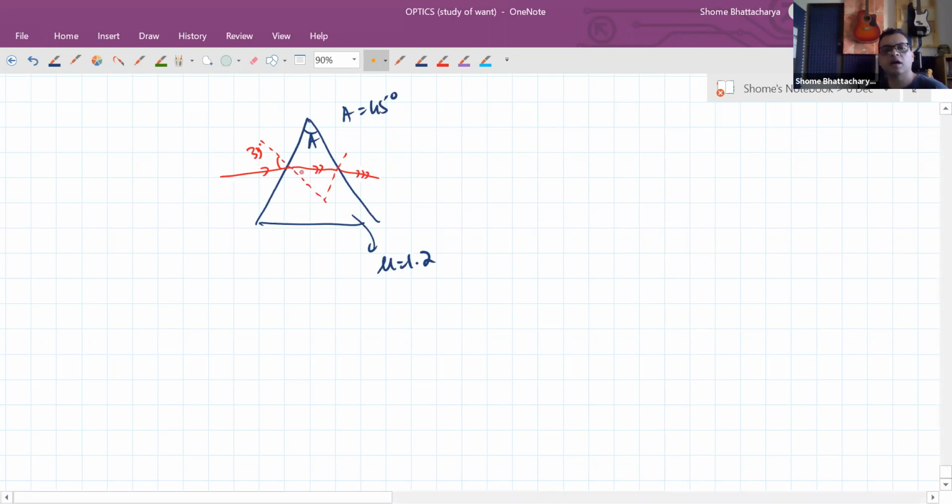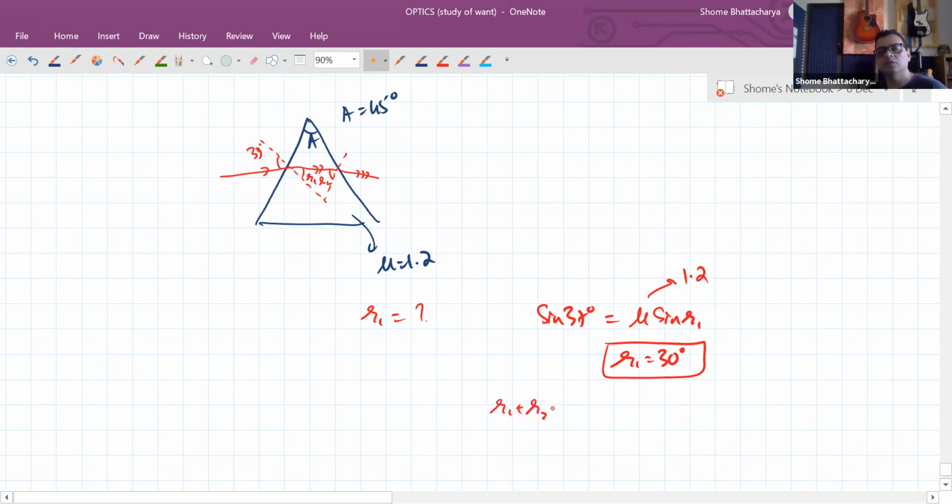Okay. So then what would have happened here is something like this. We would have got our R1 by applying Snell's law, that sine 37 is equal to mu times sine R1. Put mu as 1.2. So R1 would have come as 30 degrees. Now we would have taken this formula, that R1 plus R2 is equal to A. So we would have got R2 as 45 minus 30, so 15 degrees.